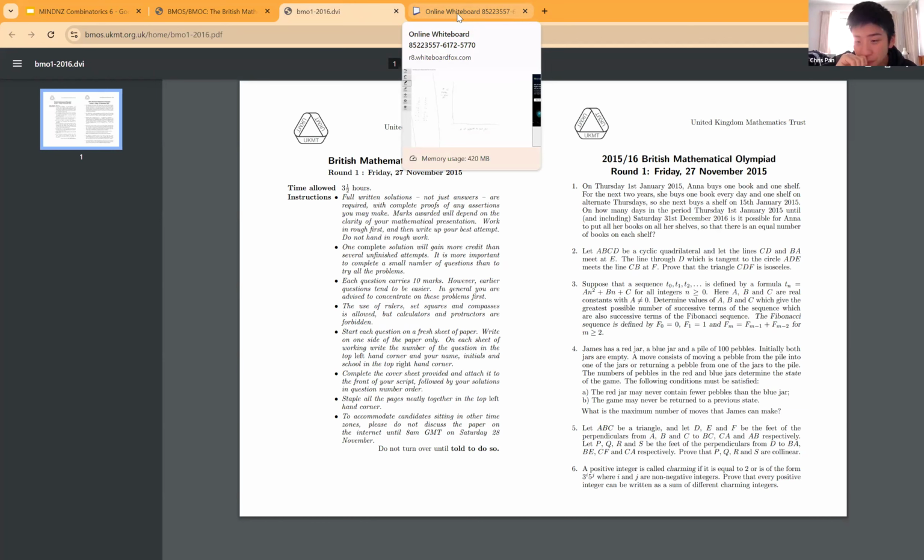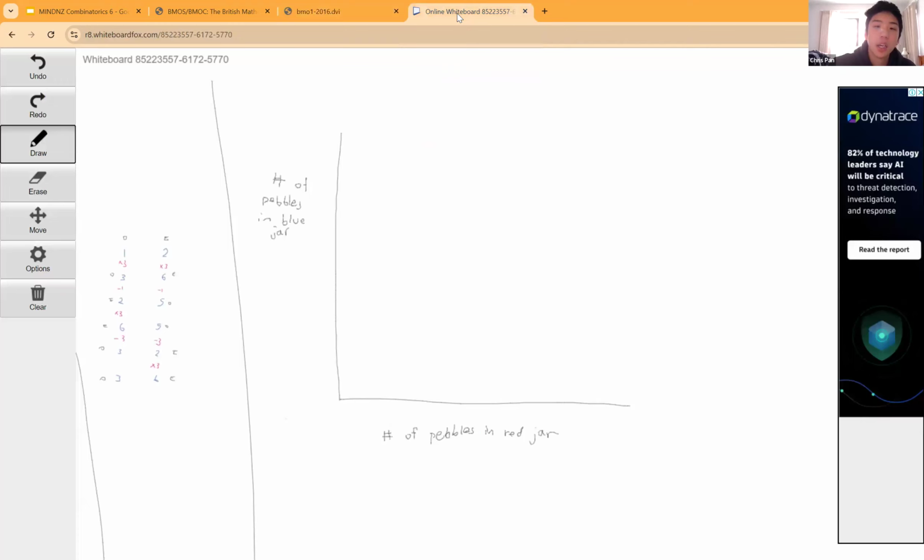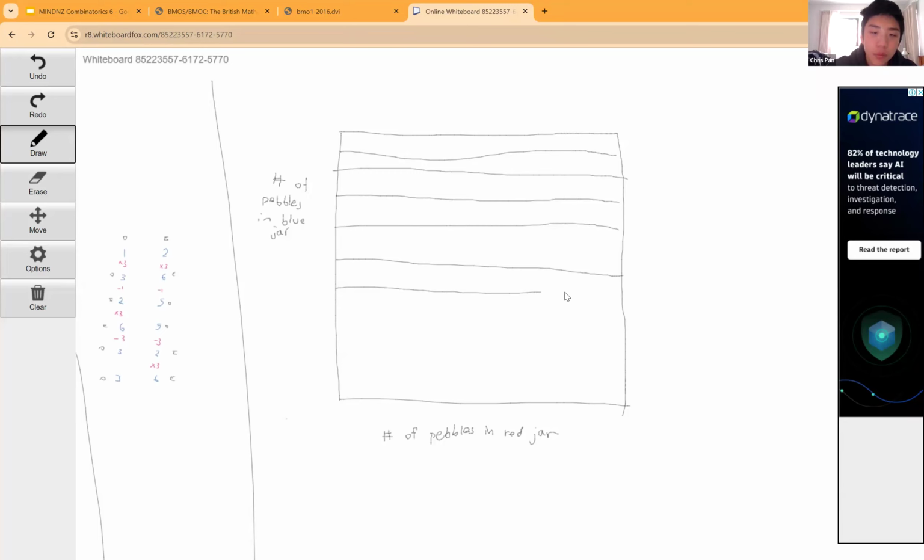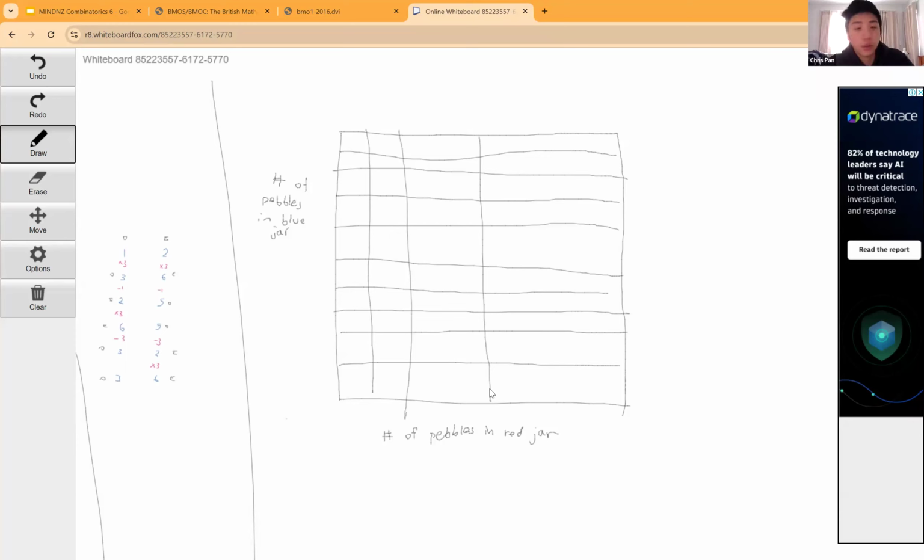So I'm gonna draw a grid. It really should be an 11 by 11 grid because we're gonna have 0 pebbles as well.